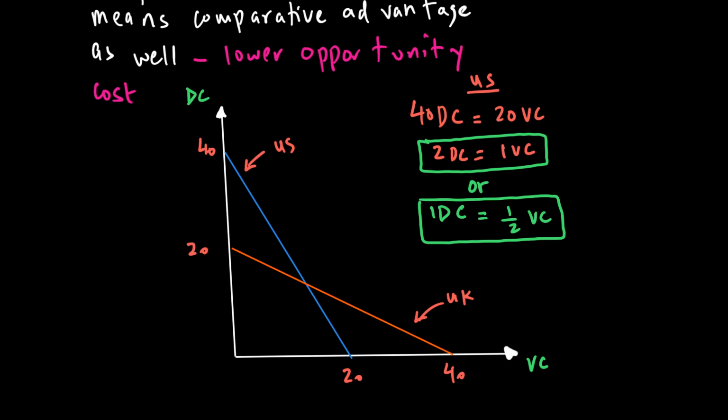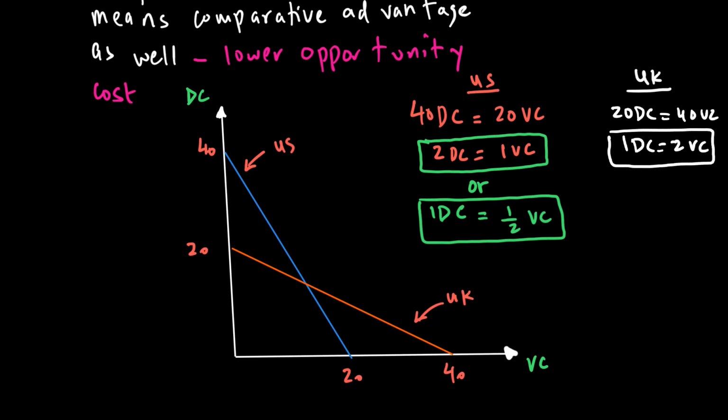In the case of UK, let's write this. In the case of UK, you can see that 20 DC is equal to 40 VC, so 1 DC is equal to 40 divided by 20, which is 2 VC.